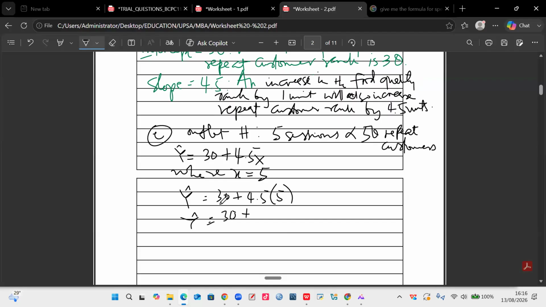It's 22.5. All equals what? 52.5. But the actual Y equals what? 50. I believe what you are doing is correct.